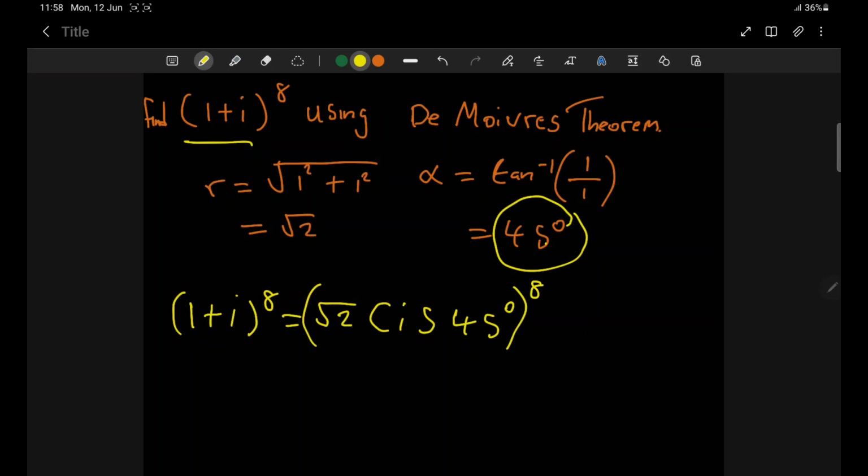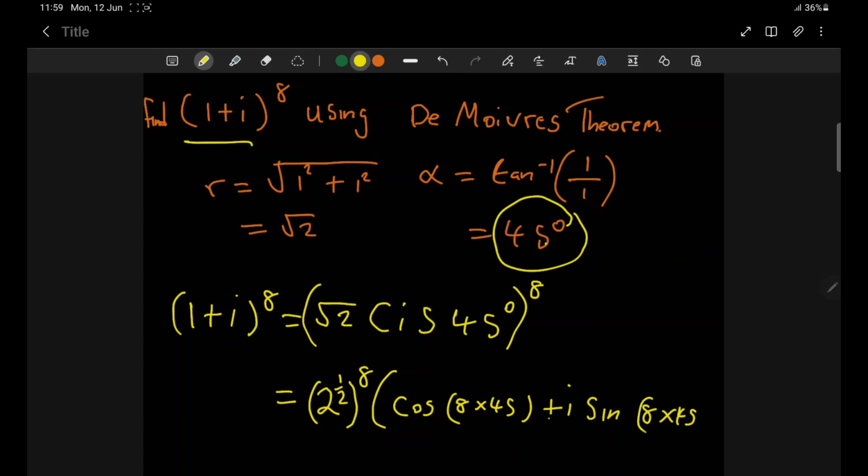So now applying De Moivre's theorem, we'll have r raised to 8. So r is square root of 2, so we can put it as 2 raised to half and 8 there, multiplying. So cos 8 by 45 plus i sine 8 by 45, like that.